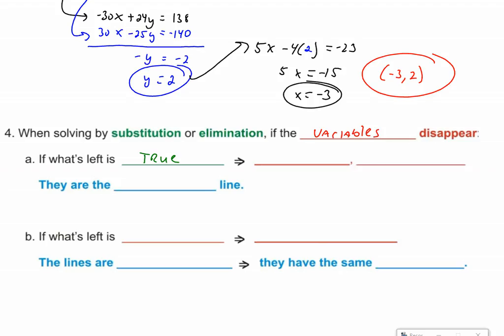Okay, I hear consistent independent. I hear consistent dependent, right? That's the kind of thinking you should be doing. Why don't you describe the lines to me? What do you think the lines are if we get a true result? They're probably coinciding. Yeah, they're coinciding.